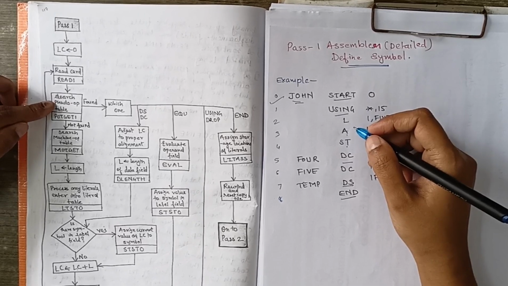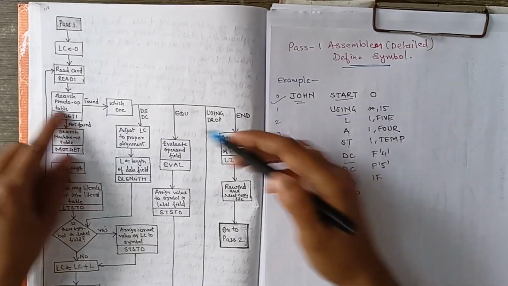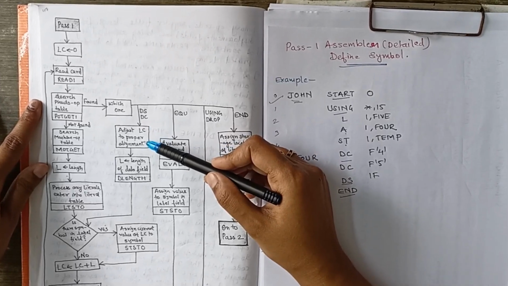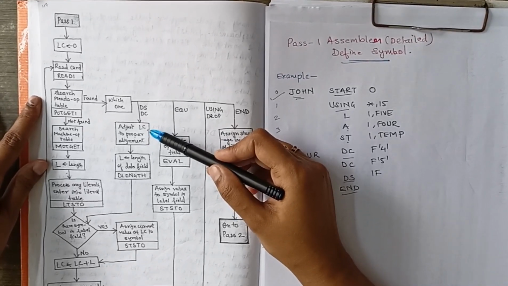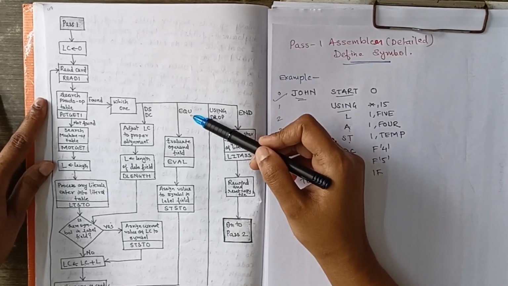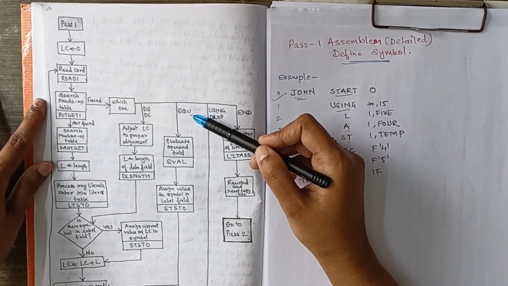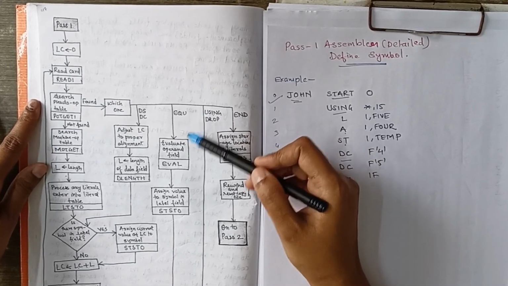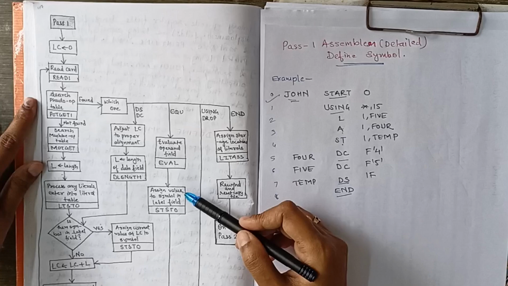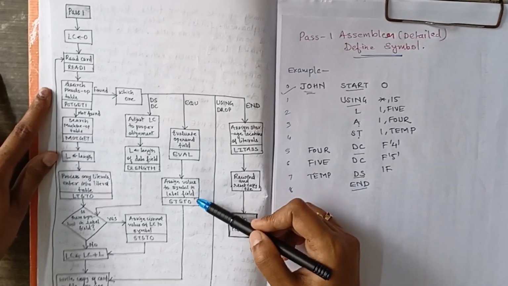If a pseudo is found, then it will check which one it is. If DS or DC is there, it will give the proper alignment for the location counter. EQU is again one of the types of pseudo. If EQU is there, it will evaluate the operand field and assign the value to the symbol in the label field.